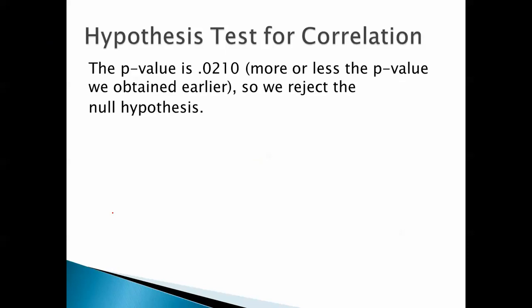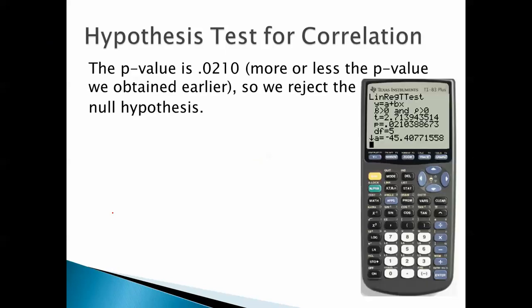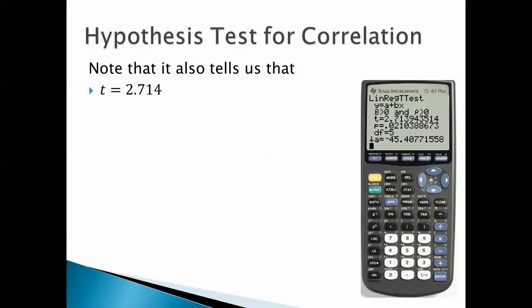The p-value is 0.0210. Check this out. That's more or less the p-value that we obtained earlier, so we reject the null hypothesis. Again, p-value 0.0210. Note that it also tells us t equals 2.714. That's what we calculated earlier.